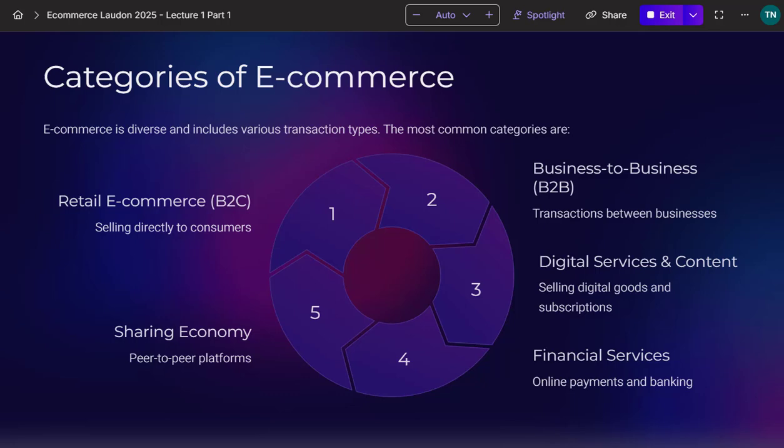Number 3 is digital services and content, selling digital goods and subscriptions. Number 4 is financial services, online payment and banking. And number 5 is the sharing economy or peer-to-peer platforms. Each of these categories represents a significant part of the e-commerce landscape. Understanding the differences between them is key to navigating the e-commerce ecosystem.